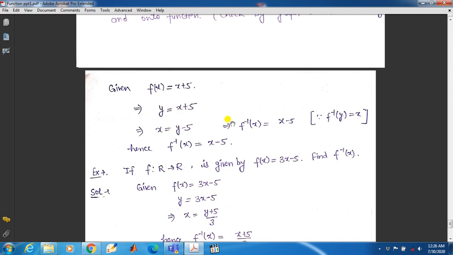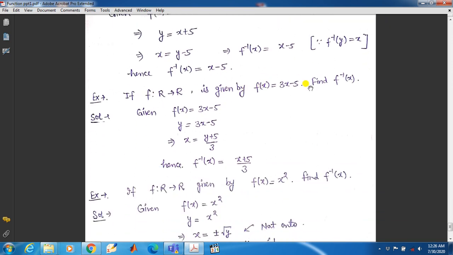And then take the inverse mapping. F inverse of y will be x, that is, x minus 5. So f inverse of x is x minus 5. That means the inverse function here will be x minus 5. So in this way you have to write down the inverse function.